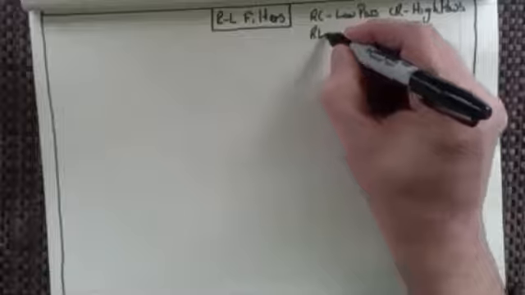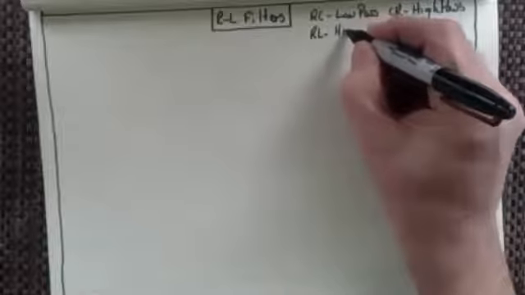And then a CR circuit is going to be a high pass circuit. And that's all you've really got to remember, is that the RC is low. And then you just turn these around. So the RL is going to be a high pass circuit, and the LR is going to be a low pass circuit.